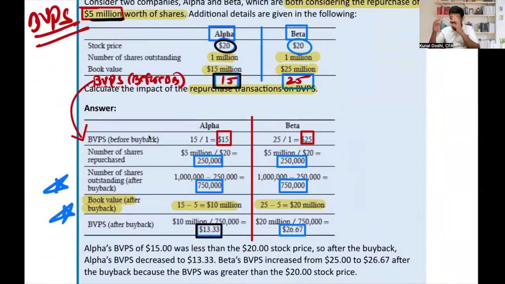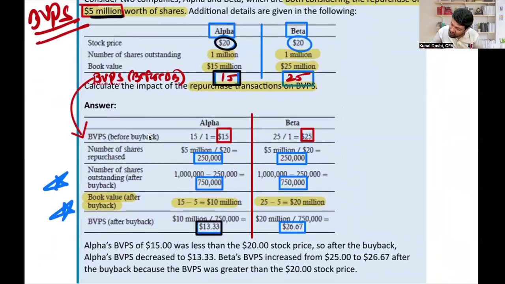On the other end, if the book value per share before buyback was 25, but the company did the buyback at 20, that's a benefit for the company because the company is giving less value. So the company's book value in this case was 25 and the buyback price was 20.